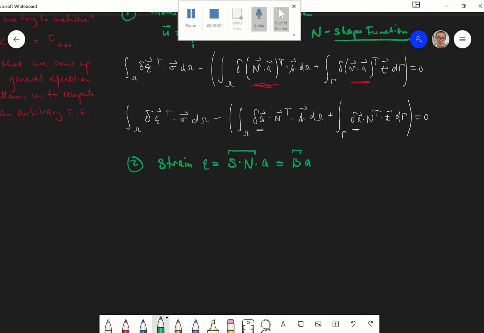So here we have first the strain equal to B dot A, and then we have the stress, which is sigma, and it's related to the strain by a matrix called D, which is D dot epsilon, which is D dot B dot A. So we have this D here.